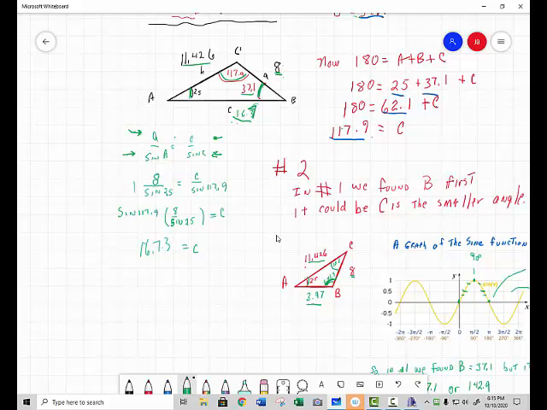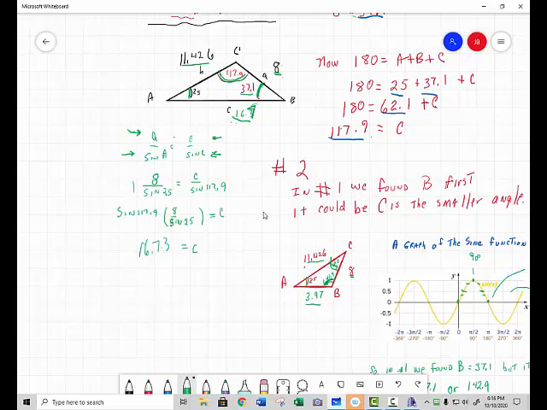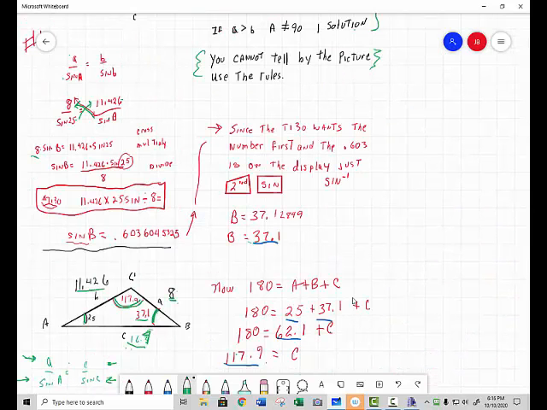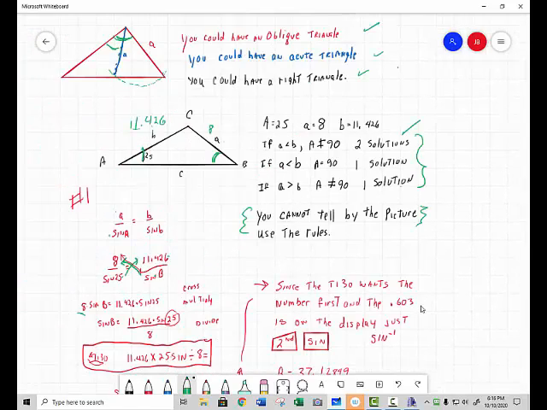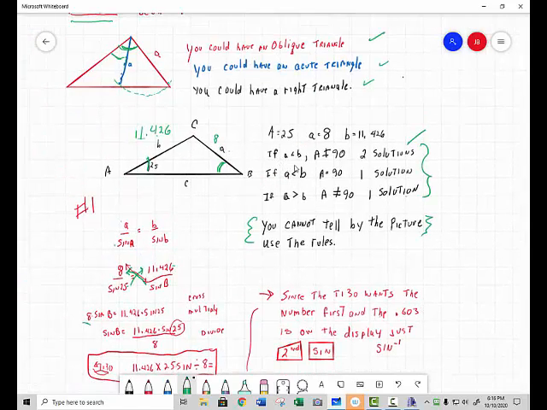And you consider both of them based upon those rules that I had up here. And those rules are, I'm looking at the side opposite the given angle. In other words, if I'm given angle A, I want to consider side A. That's the same A. We were given side B, so I can just compare this one across from the given angle to the given side.